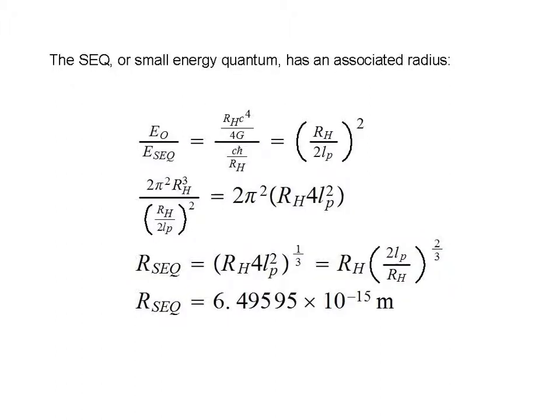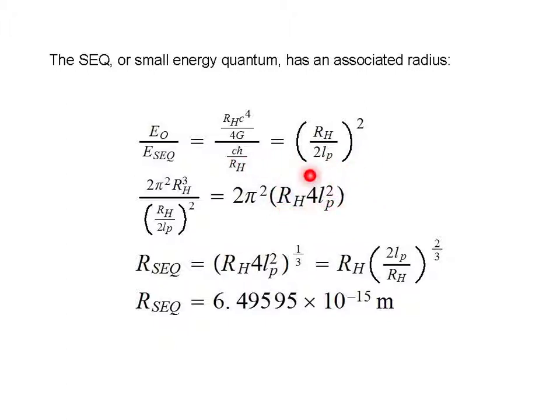The SEQ has an associated radius. We'll determine how many SEQs there are within the observable universe by dividing the energy of the observable universe by the energy of the SEQ, and we find this value here, r sub h over 2lp squared. We divide the volume of the observable universe by this number, and we get the volume of an SEQ.